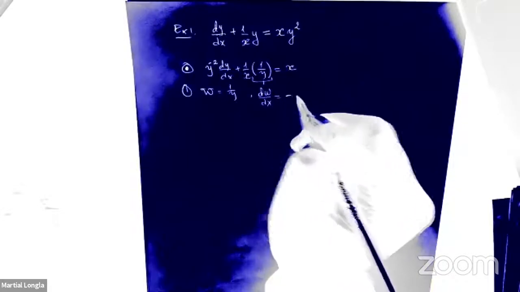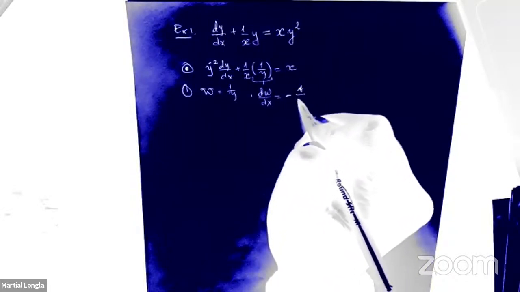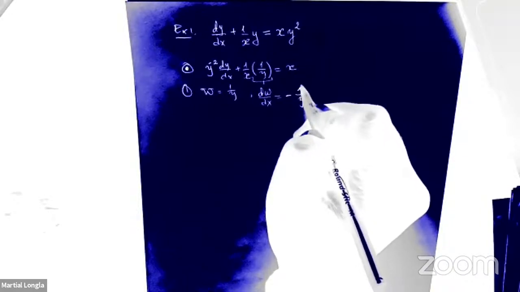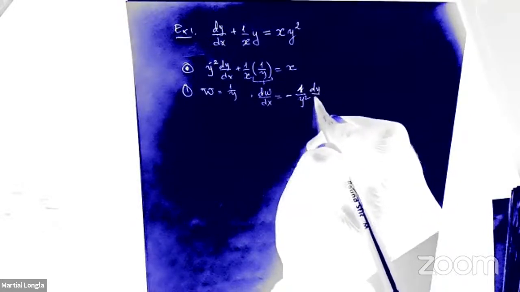What's the derivative of 1 over y? That's minus 1 over y squared. That's the derivative if it was just 1 over y, the variable. But then it's chain rule because y is a function of x. So that's why it's times dy over dx. That's it. And you get the same formula you would get if you memorized it.